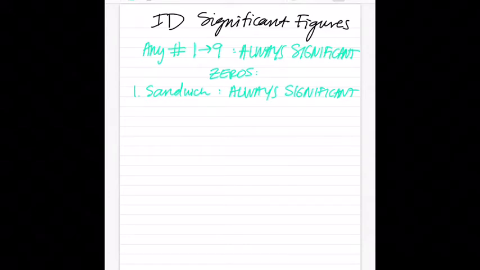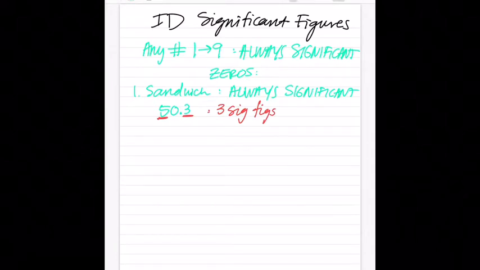For example, this zero is sandwiched between 2 significant numbers, so that zero is significant. So we're going to identify this as 3 sig figs. Sig fig stands for significant figures.